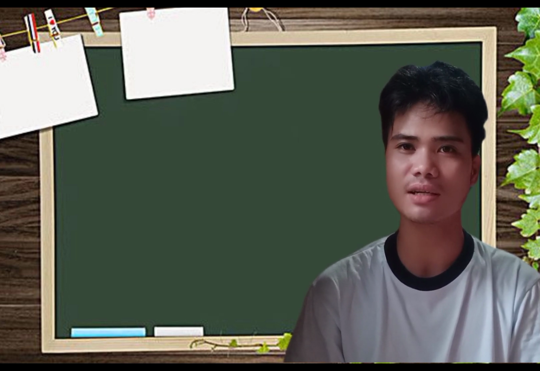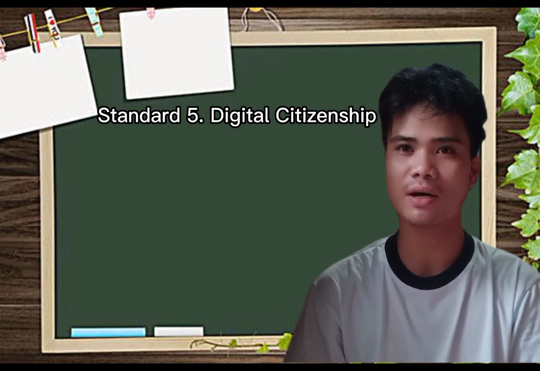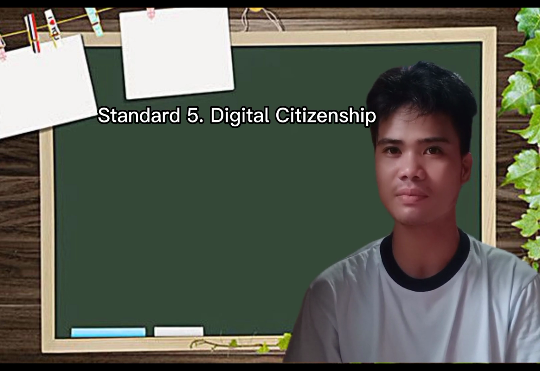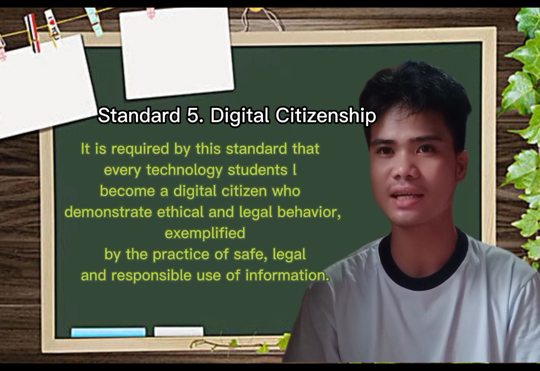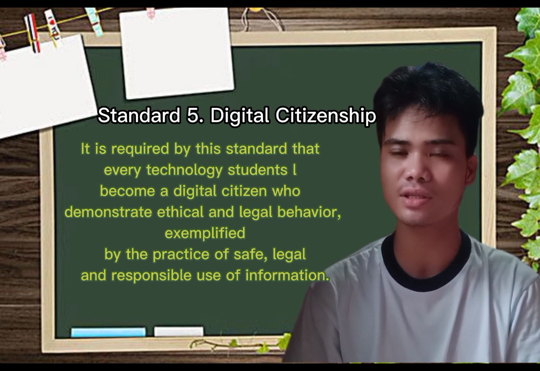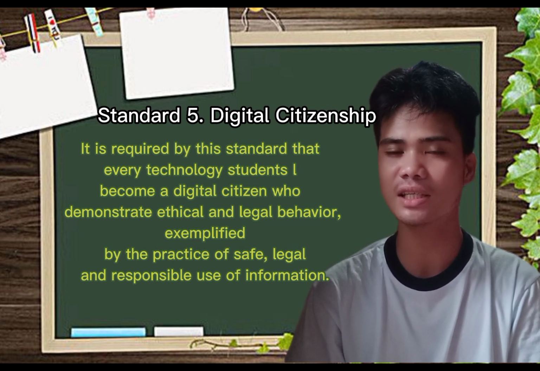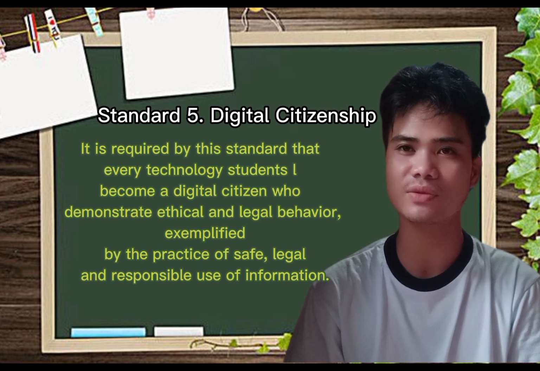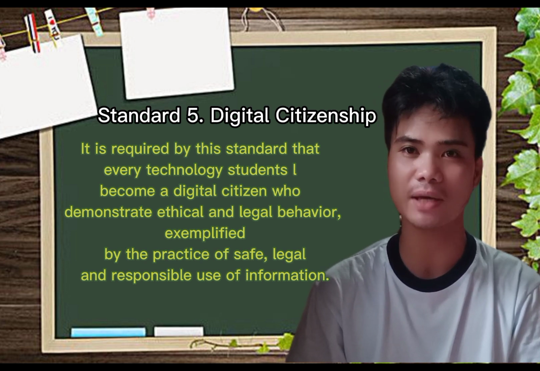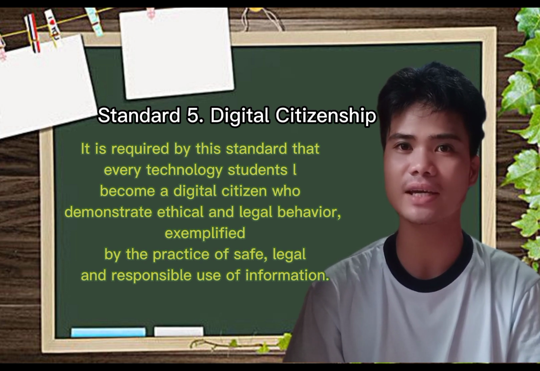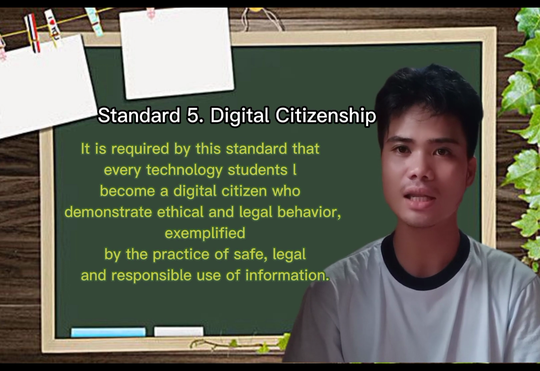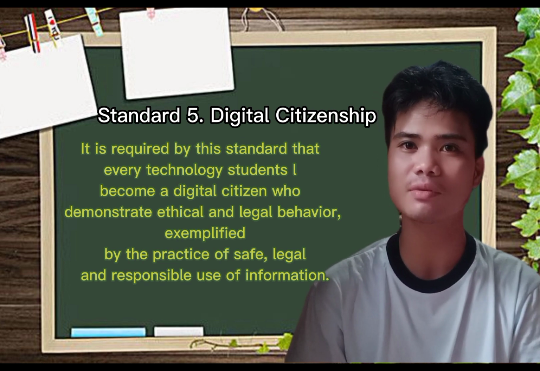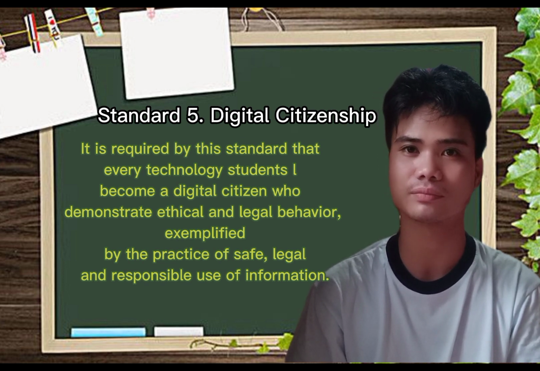Let's go to standard number 5, which is about digital citizenship. It is required by this standard that every technology student become a digital citizen who demonstrates ethical and legal behavior, exemplified by the practice of safe, legal, and responsible use of information.